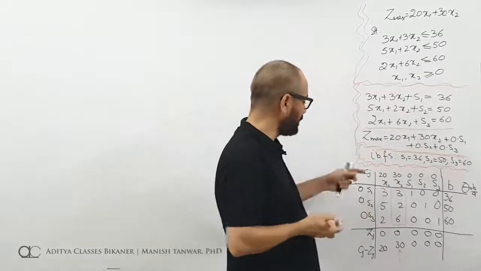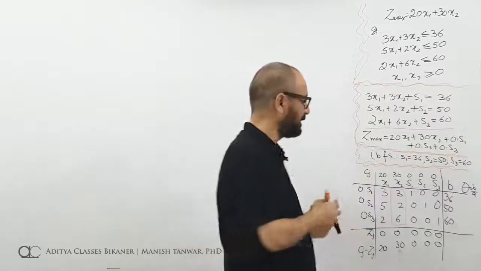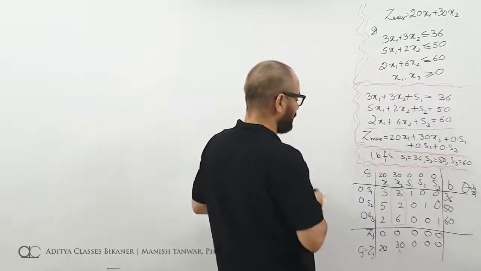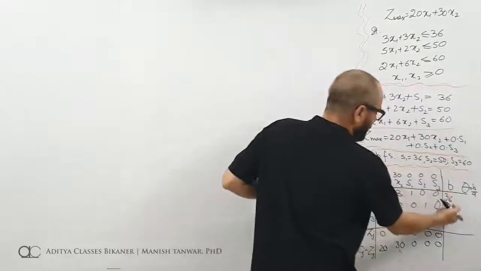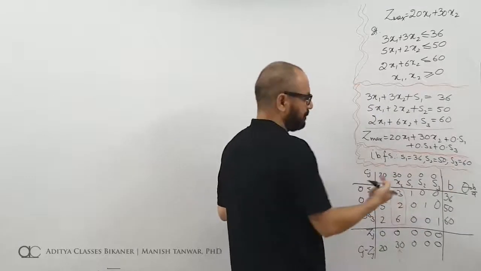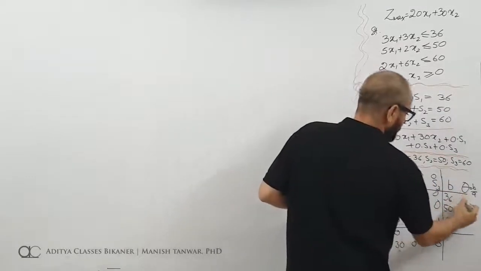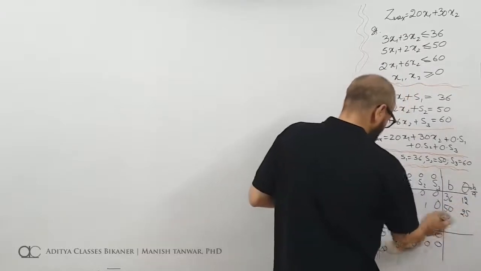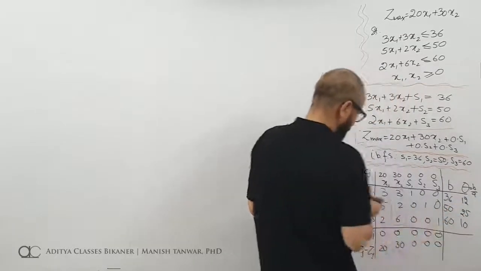How do we decide who is going out, S1, S2 or S3? We decide by theta. What are values of theta? B divided by the respective key column. 36 divided by 3, 12, 50 divided by 2, 25, 60 divided by 6, 10.